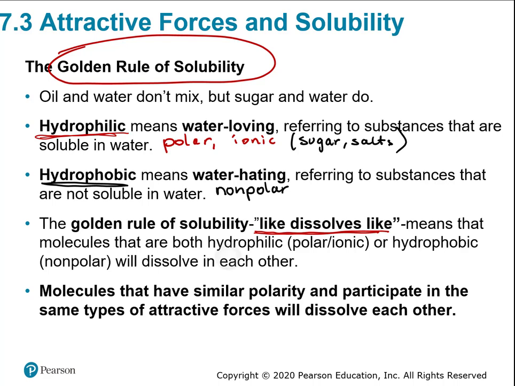But things that are nonpolar, so those fats and oils, in digestion, they tend to not mix with water. They're called hydrophobic.